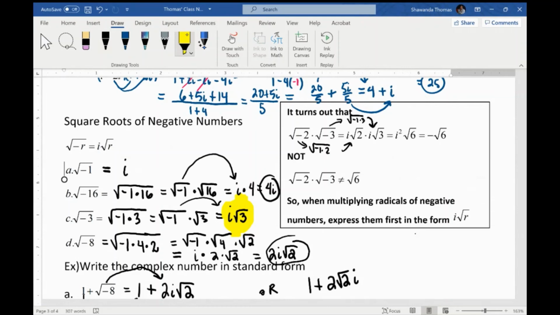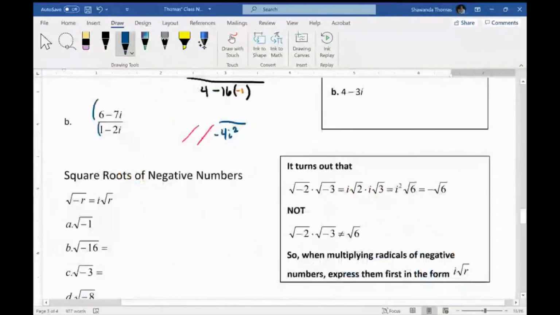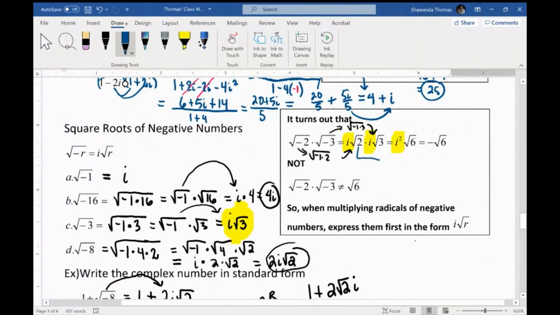Then they multiplied the i times the i together to get i squared. Now that we got the negatives out of the radical, you can multiply the 2 times the 3 together to get 6. They converted i squared to -1. And -1 times the square root of 6 gives you this answer.